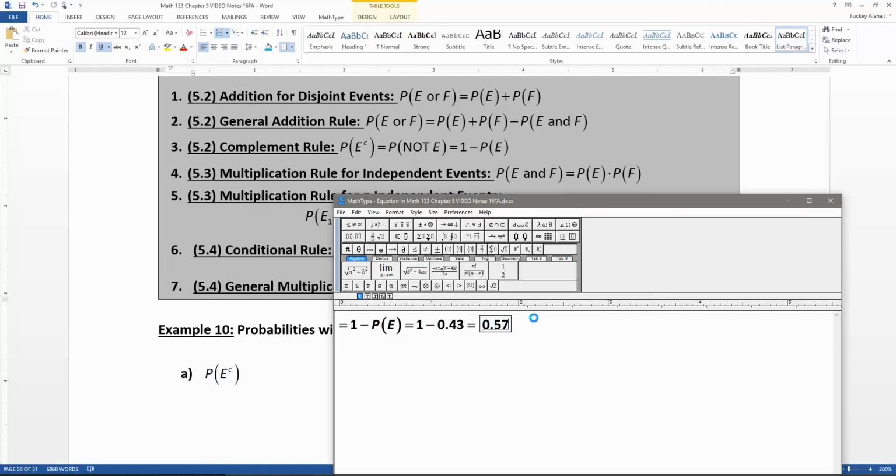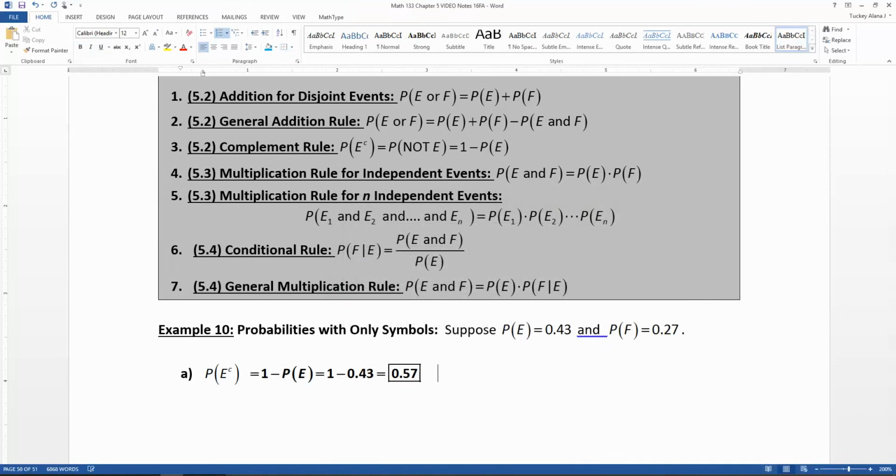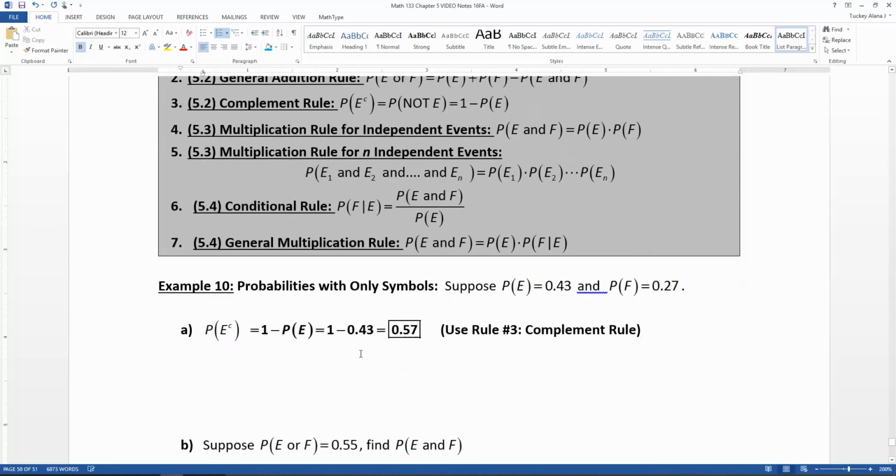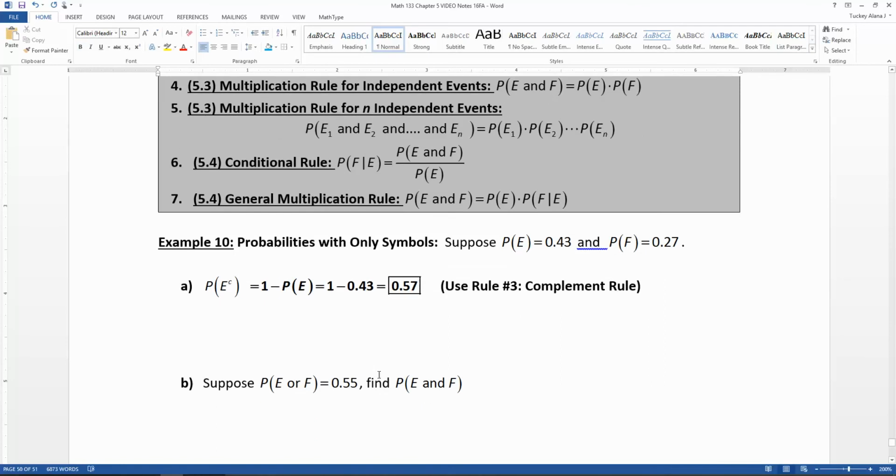And let's make a note to ourselves. So we use rule number 3, the complement rule. There we go. First one done. All right. That was the easiest one, of course, so let's get a little trickier.